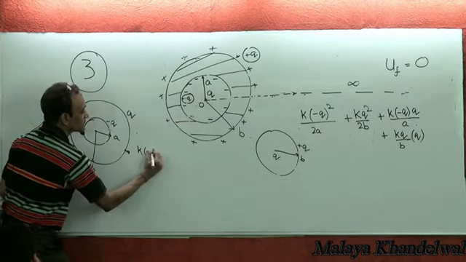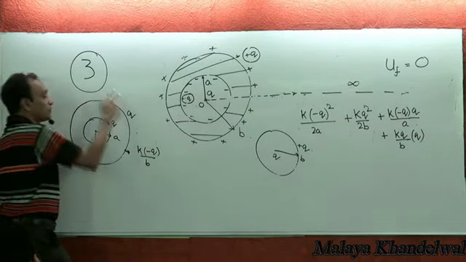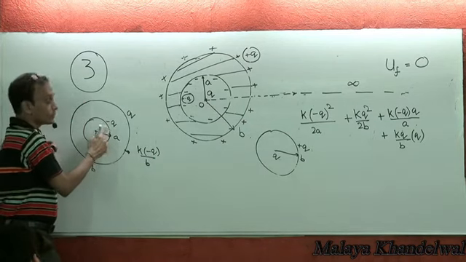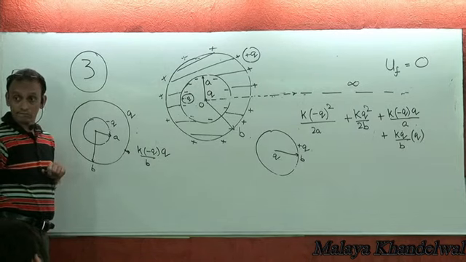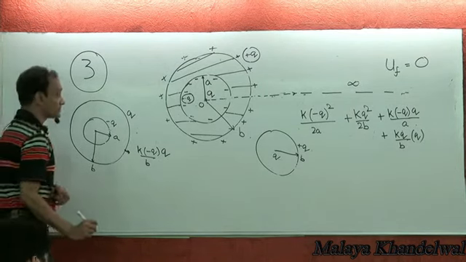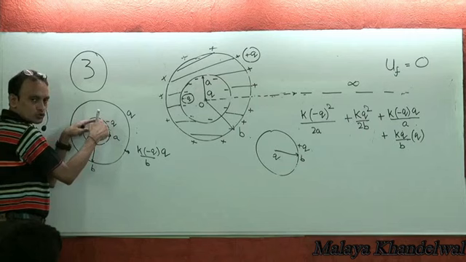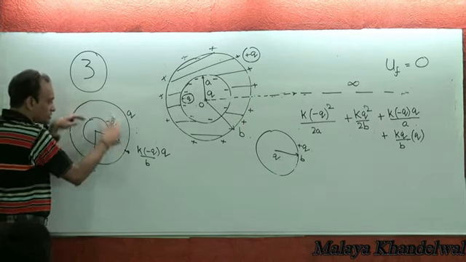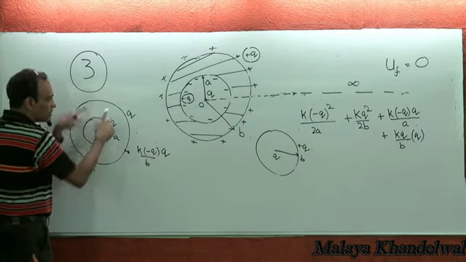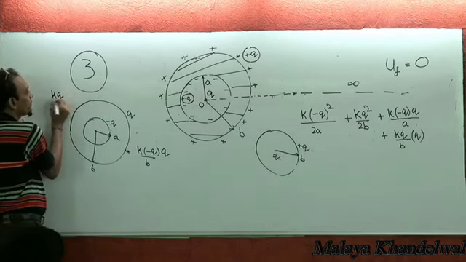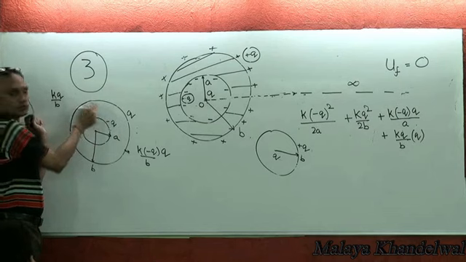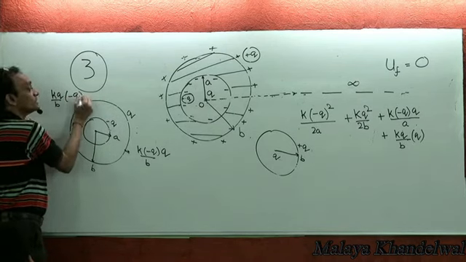K times minus Q divided by B. That's the potential on this because of this, into the charge Q. Yes or no? I could have done this. Or I could have also computed the potential on this because of this. Now, what's the potential anywhere inside this because of this? KQ by B into charge minus Q. Either way, it's going to give me the same value.